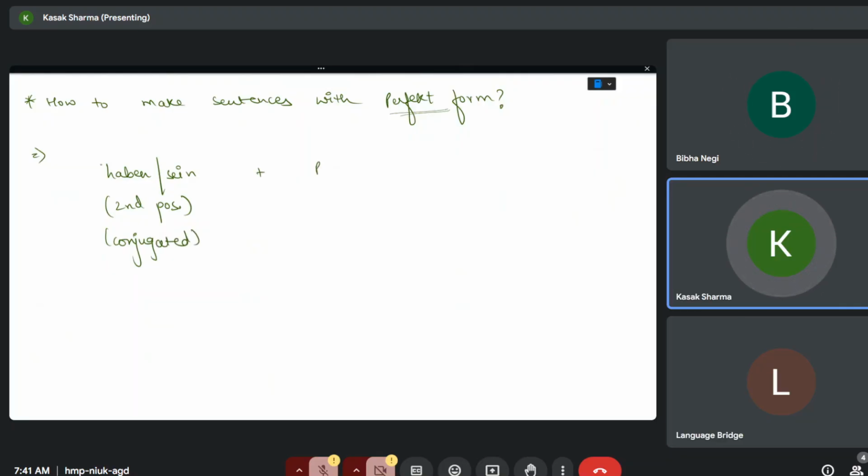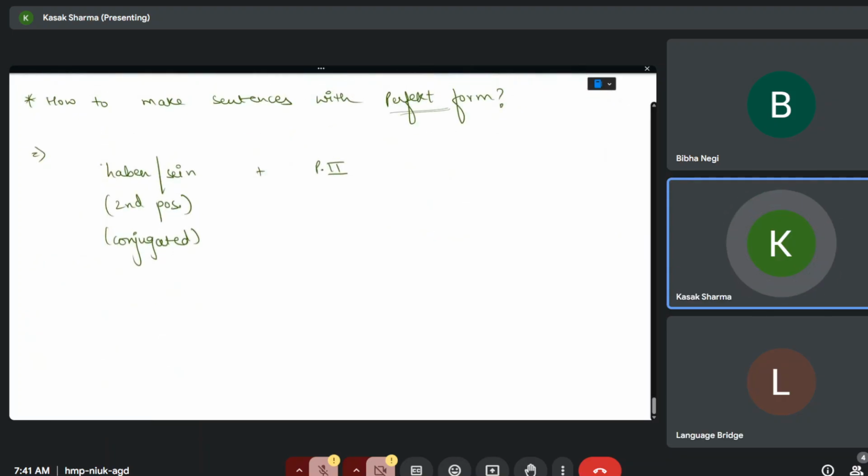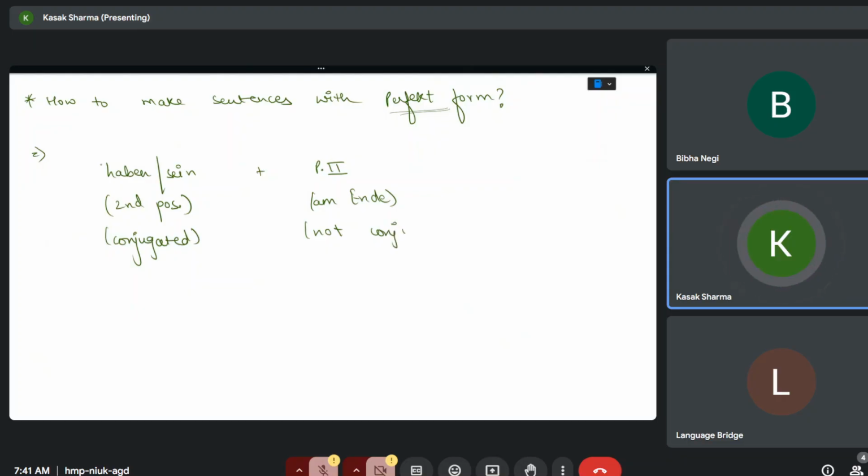And the participle or the perfect form of any verb will go at the end, not conjugated, as it is. This participle form is never conjugated and is never written in the second position.